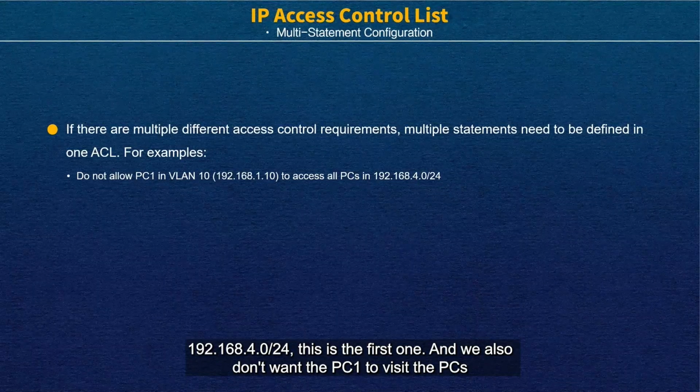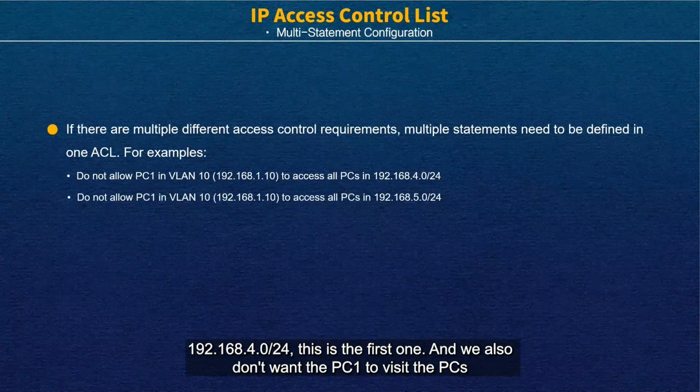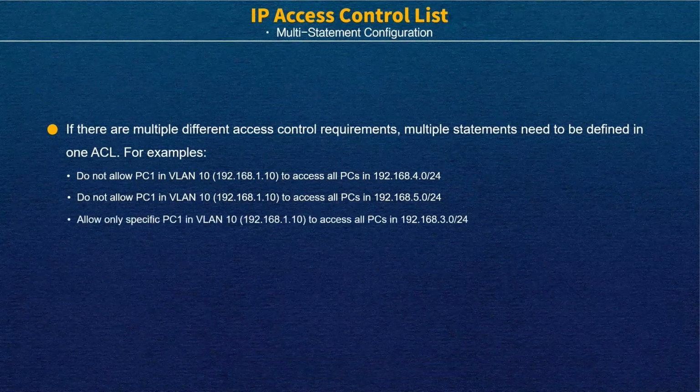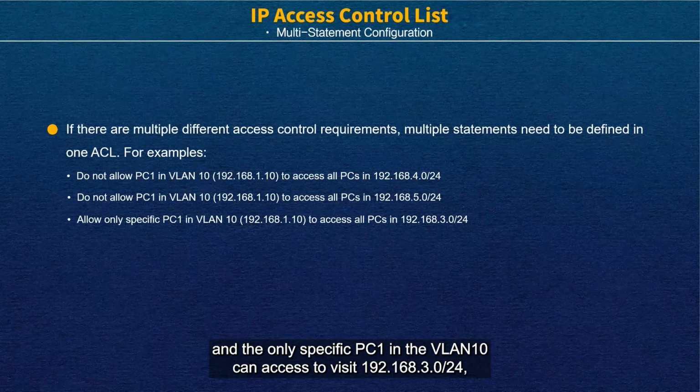This is the first one. And we also don't want PC1 to access the segment 192.168.5.0/24. And only the special PC1 in VLAN 10 can visit 192.168.3.0/24.